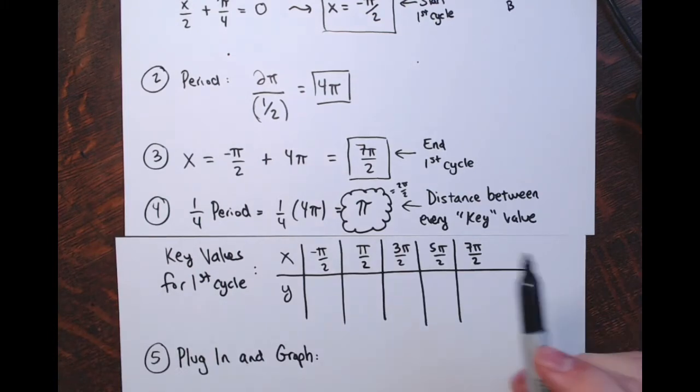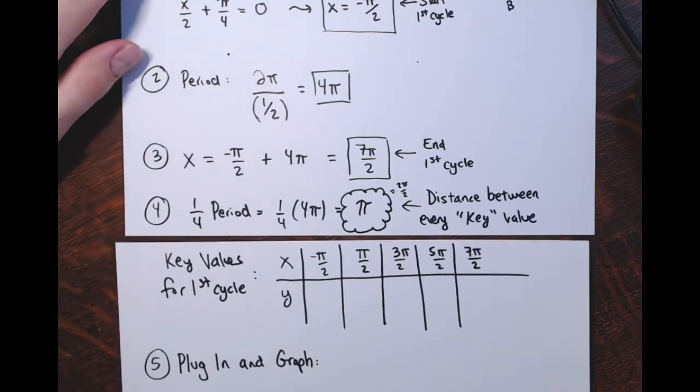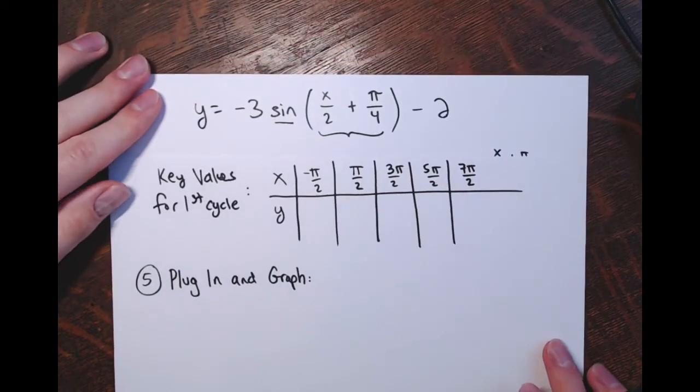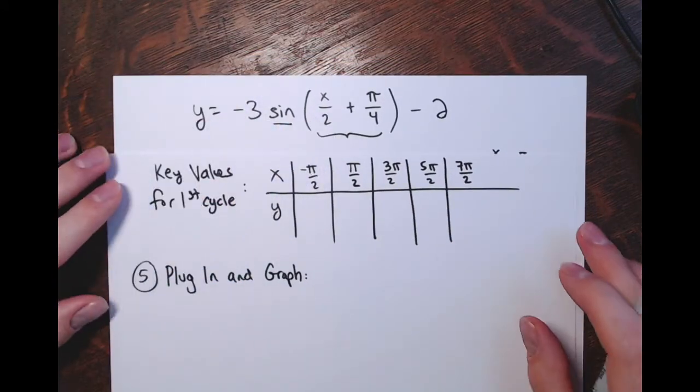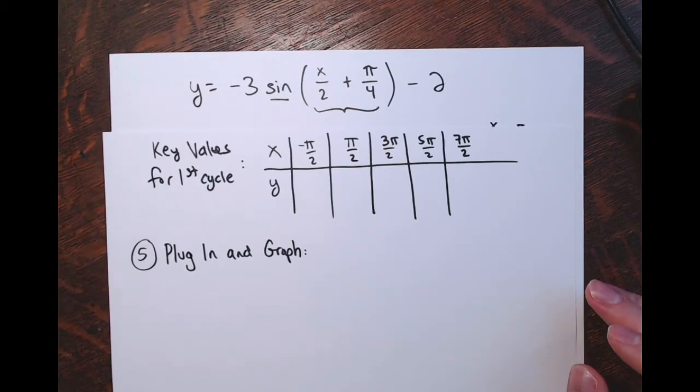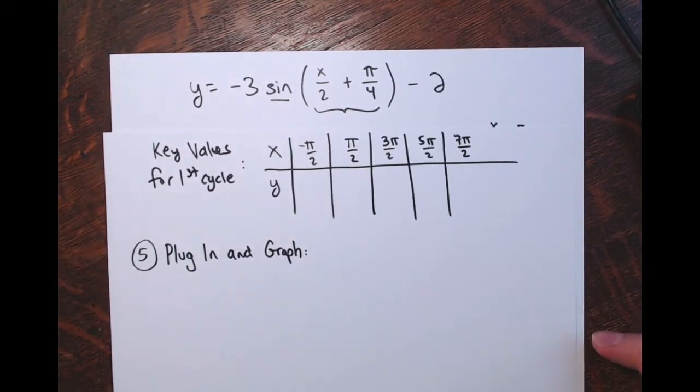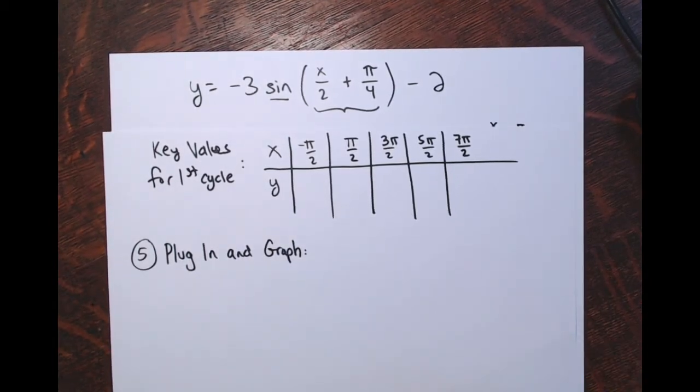Now, the reason these are called key values, the way I've set them up where everything's a quarter of the period apart, is that when you plug these into the function, you're going to get an angle inside the sine that's really easy to determine the sine of. It's going to be some multiple of 90 degrees, some multiple of pi over 2.